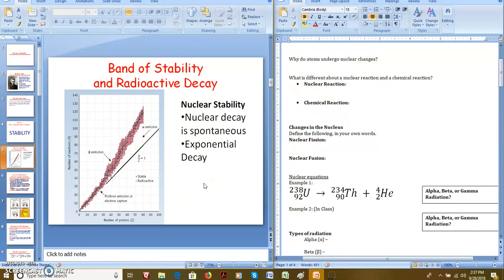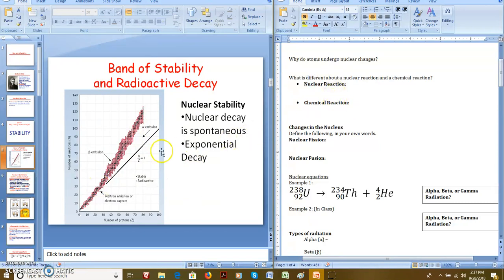So when we're talking about decay, we're talking about decay that happens in an exponential way. If I have a total amount of a substance, it decays by half. Then it decays by half again. Then it decays by half again. Then it decays by half again. And when I graph that data, I get a nice exponential line.